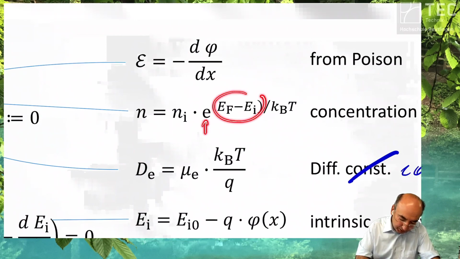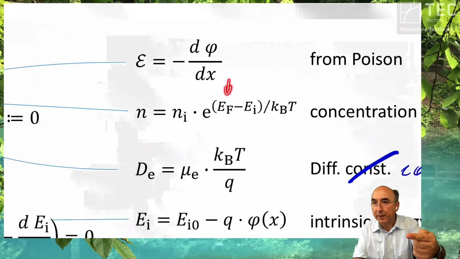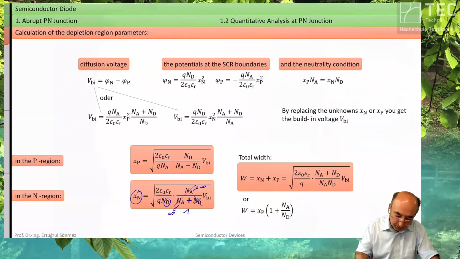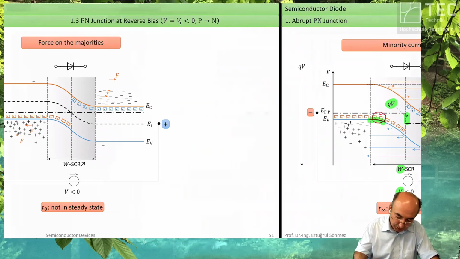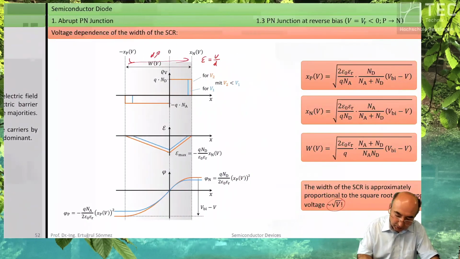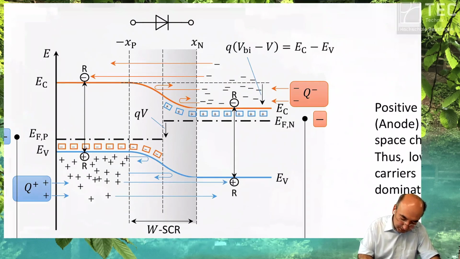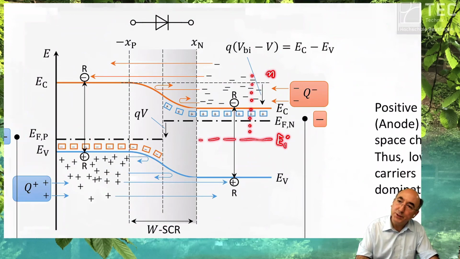So exponentially, your carrier concentration increases if you increase the energy level where you are. Okay, so if we take this exponential increase of concentration into account, this is now the important point. So if we take, this is the intrinsic level, and all the positions you go here, you increase the concentration exponentially.